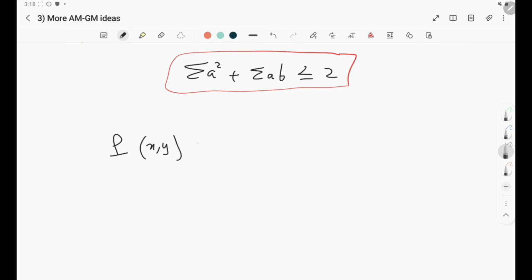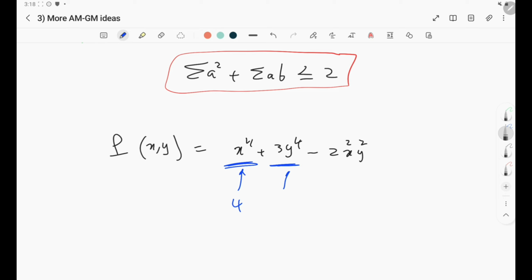Let's say 2 variables: x to the 4 plus 3y to the 4 minus 2x squared y squared. If you look at this polynomial with 2 variables, what is the degree of the first term? The degree here is 4.